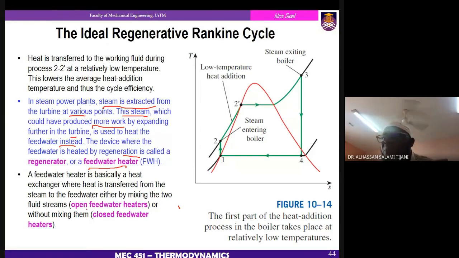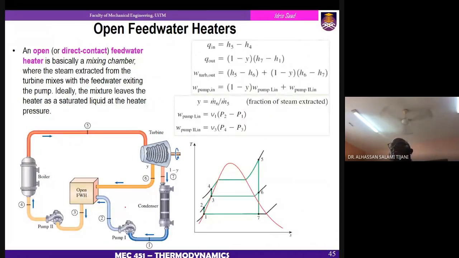And we have open feed water heaters and closed feed water heaters. We will not go into such details in solving questions, but we will only introduce ourselves to it. So this is an open feed water heater. Your final exams won't have any question related to this.